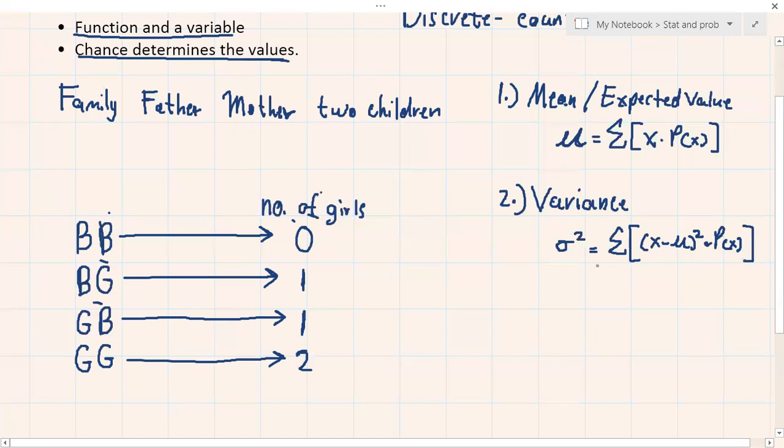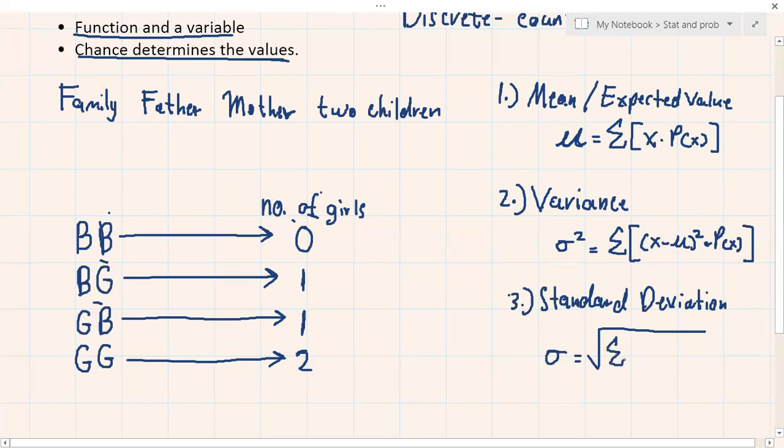Yan si variance. Okay? Well, how about standard deviation? Okay, wait lang. Standard deviation naman. Well, yung kay standard deviation, square root ng variance. Okay? Square root ng formula ng variance. So, ibig sabihin nun, ito siya. Okay?